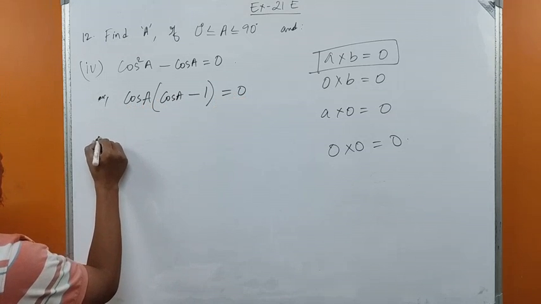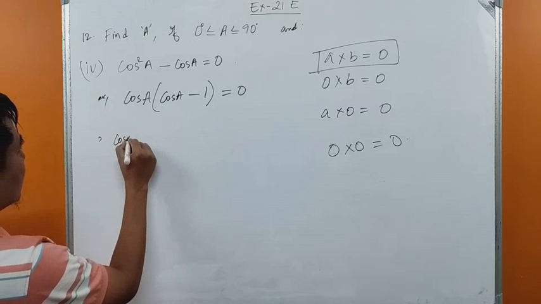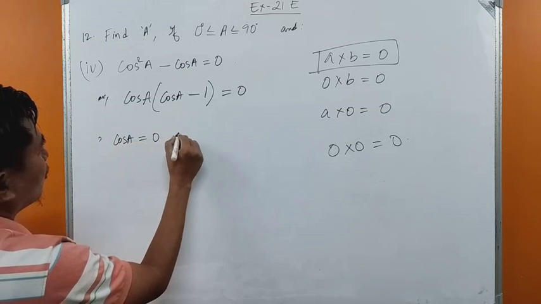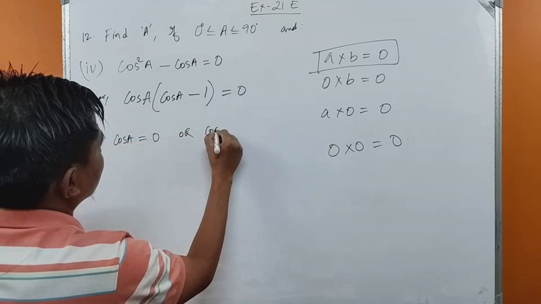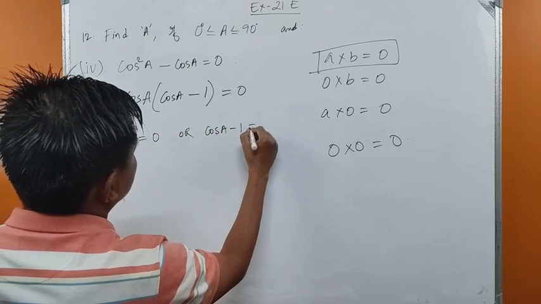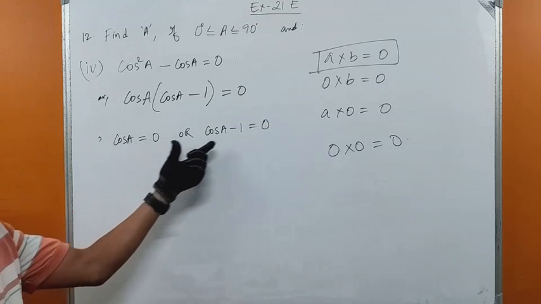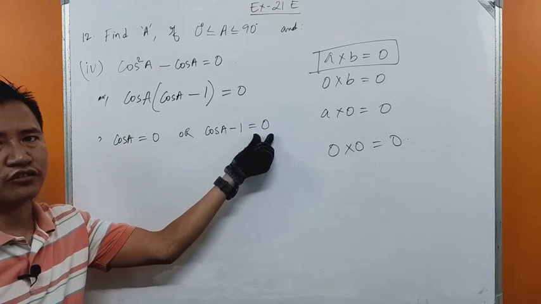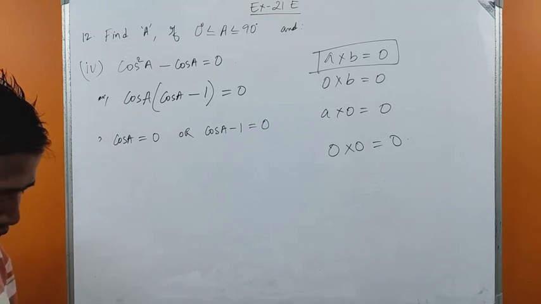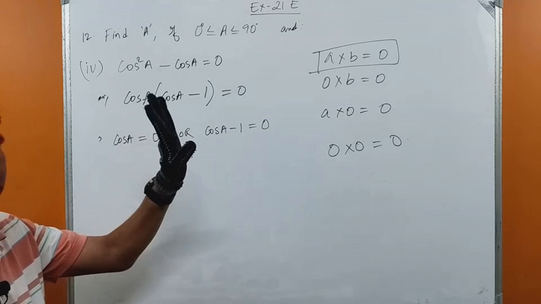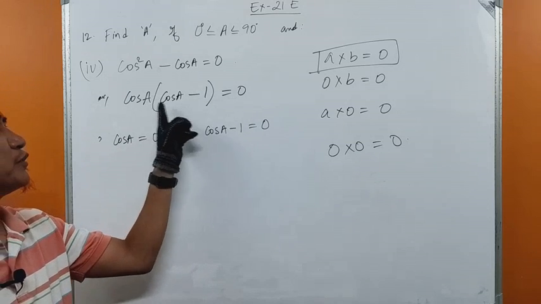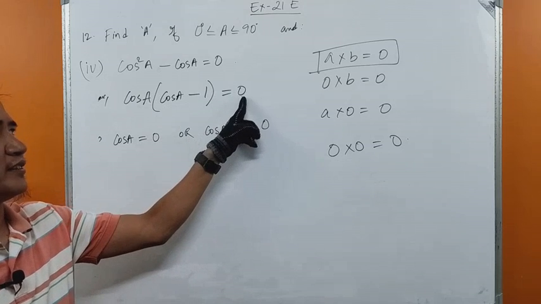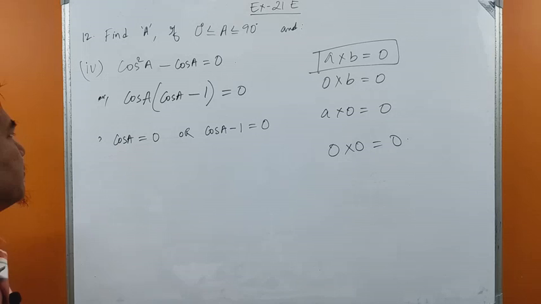Therefore, you can write cos A should be 0 or cos A minus 1 should be equal to 0. Two cases, either cos A equals 0 or cos A minus 1 equals 0, or both of them should be equal to 0. Then only you will get the product of these two numbers as 0 in the right hand side, and you can put an equal to sign between them.